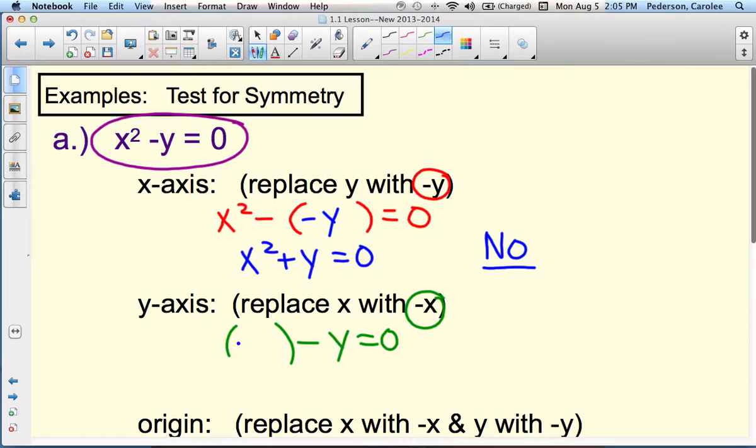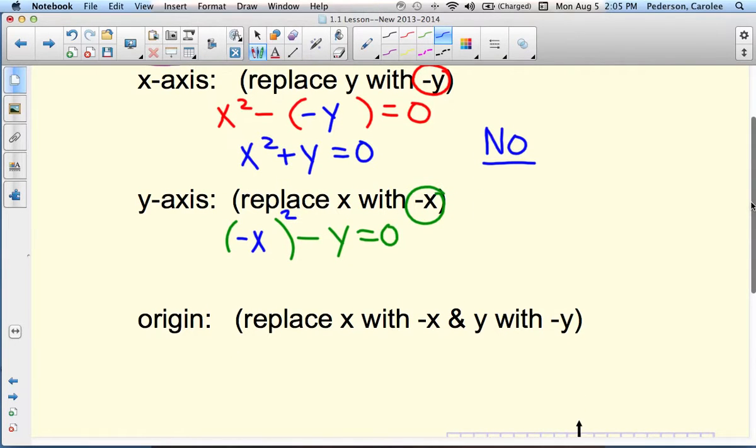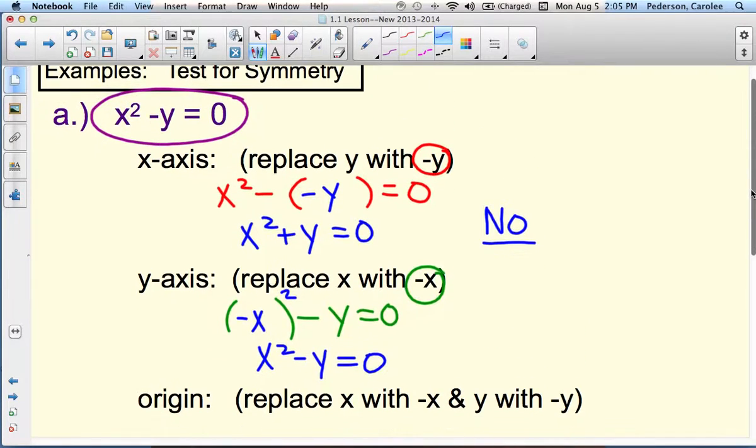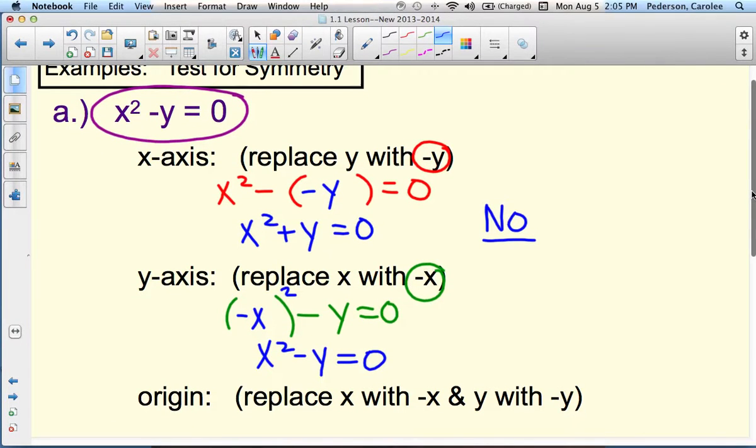Well, -x times -x is positive x squared minus y equals 0. Did we get our original equation back from the purple and the blue? Yes. So we have y-axis symmetry.